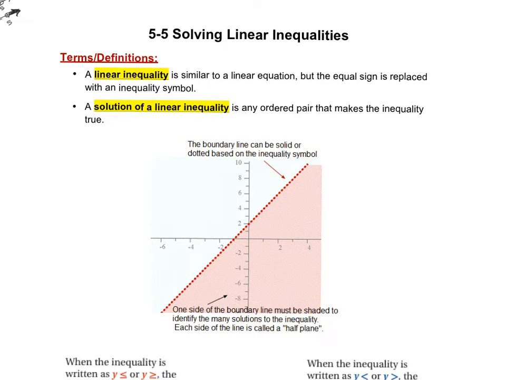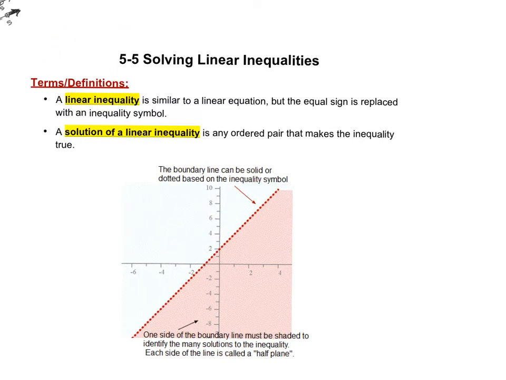For example, if I was to say graph y equals 2x plus 2, this is an equation, and the normal way that I would graph it would be to go to 2, go up 2 over 1, and then connect the dots. And the line that I would get would be a solid line.